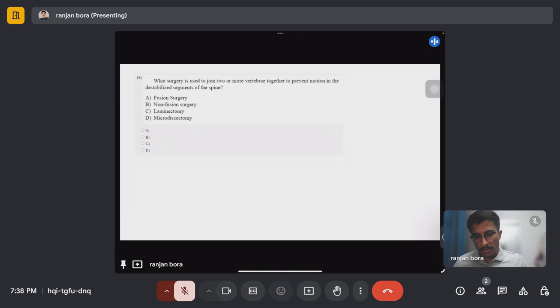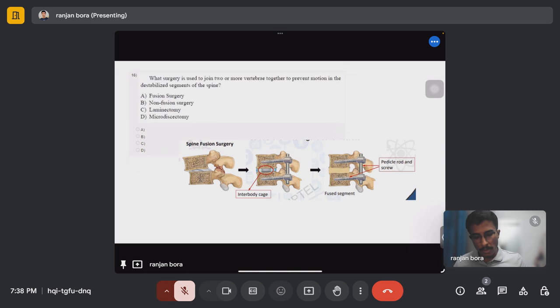Next question, what surgery is used to join two or more vertebrae together to prevent motion in the destabilized segments of the spine? So you can see it is a fusion surgery.